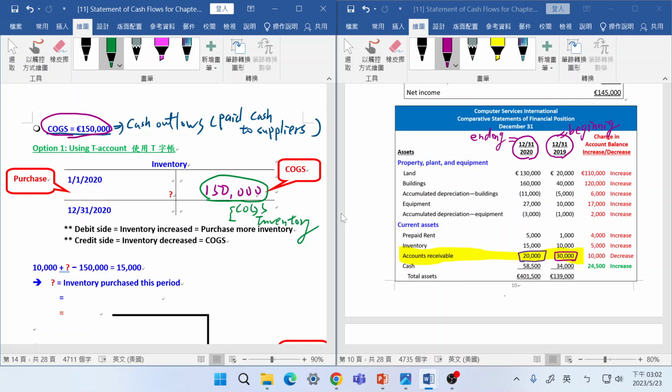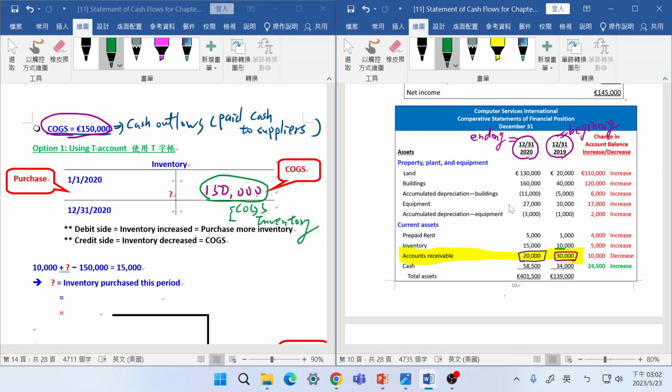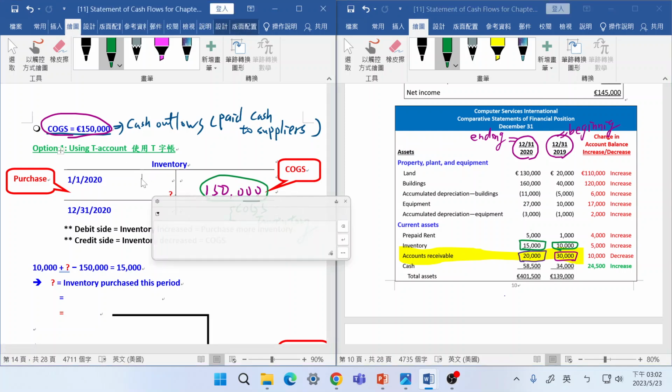So that's why inventory decreased $150,000 when you sold inventory. Also, I need help find out beginning and ending balance from where? From balance sheet. So what is your beginning balance? Inventory beginning balance $10,000, ending balance $15,000, right?